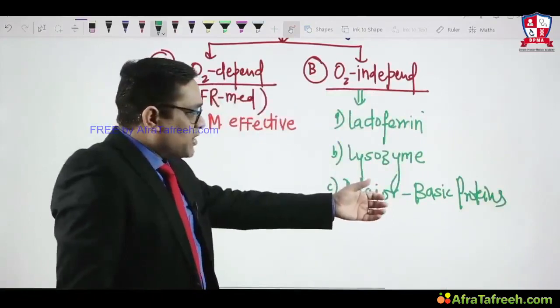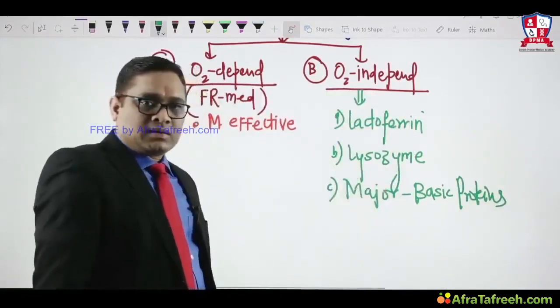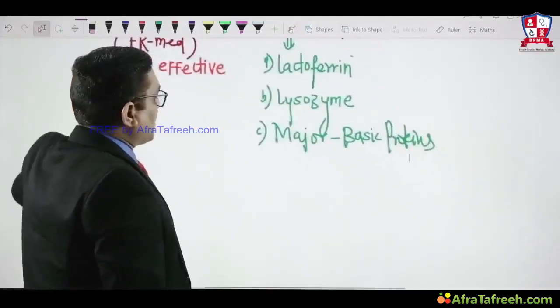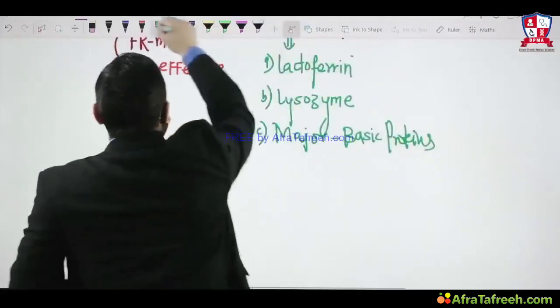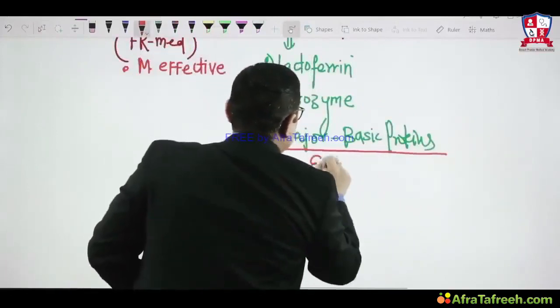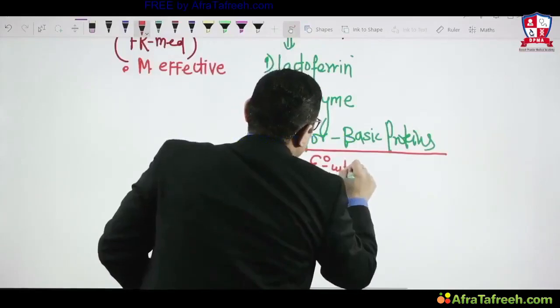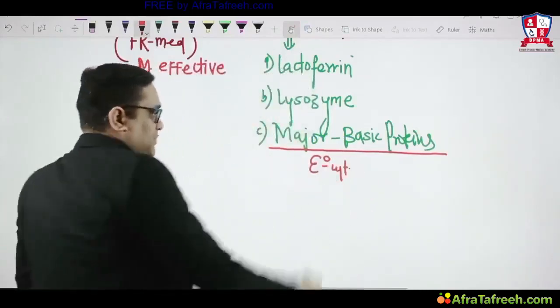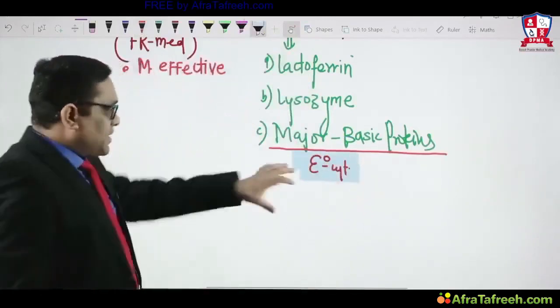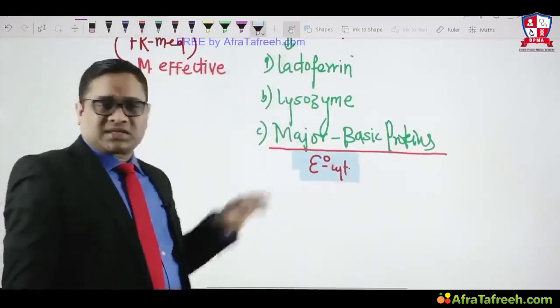The question is, major basic proteins are present in granules of which cell? Here we have to remember that major basic proteins are present in the eosinophil cytoplasm, and that was the answer in the exam.